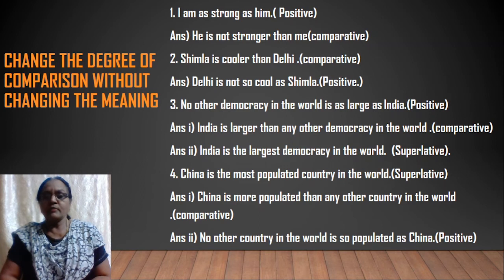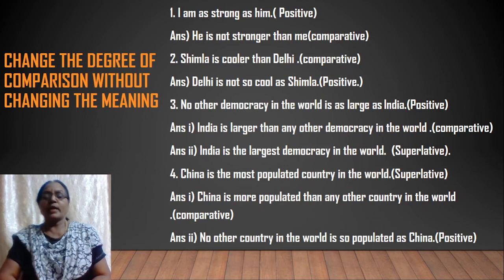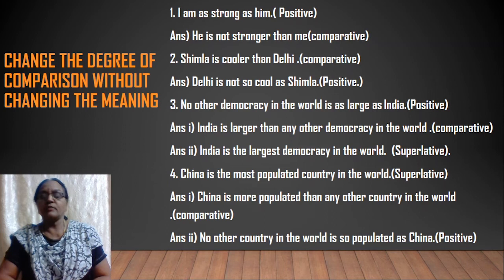So this is a positive degree. The third one. No other democracy in the world is as large as India. So this is a positive degree, and here we can have both comparative and superlative degrees.